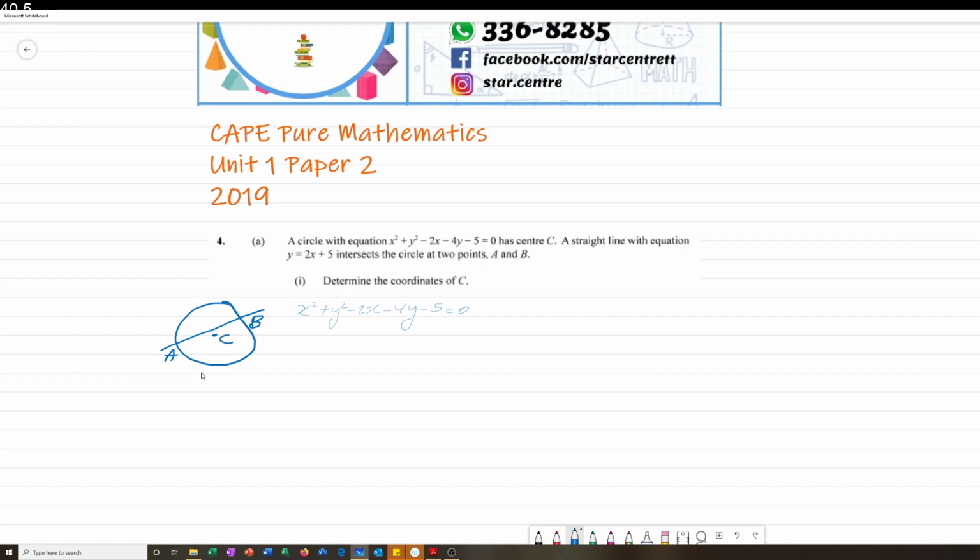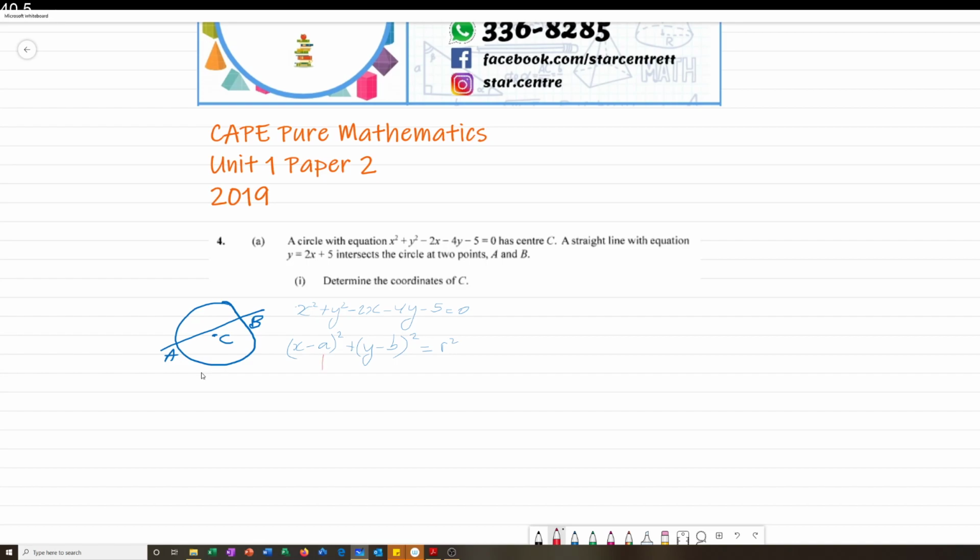The general form for the equation of a circle is x minus a, squared, plus y minus b, squared, is equal to r squared.